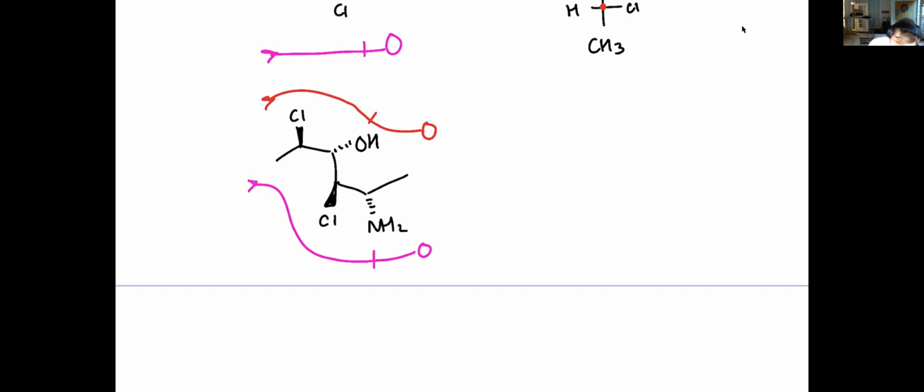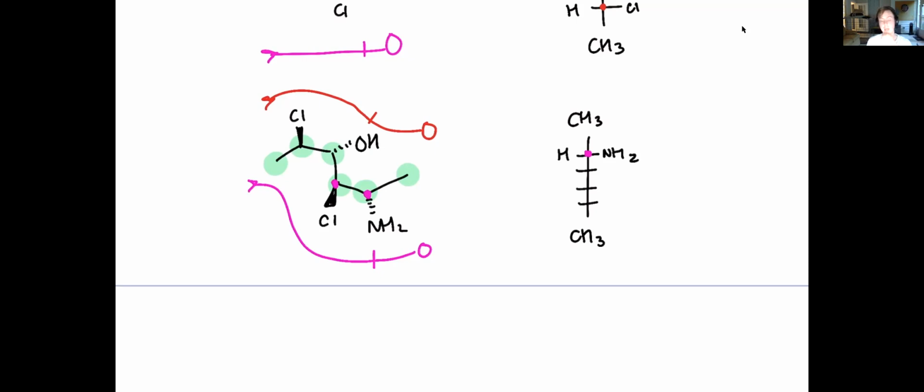So we have a 1, 2, 3, 4, 5, 6 carbon chain, or we'll just say that there's 4 that we want to consider. So with the head being there, the first carbon is going to be this one, and it corresponds to that. And so when we are taking the pink person's point of view, what was going into the page will be on our right. So it'll be NH2, H. And then for the next carbon, in this case, we will not switch the perspective because at the next carbon right here, the groups are pointing down.